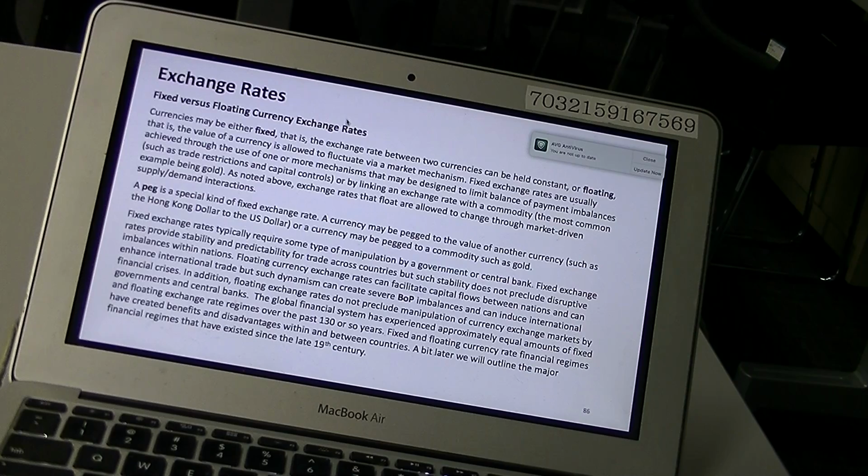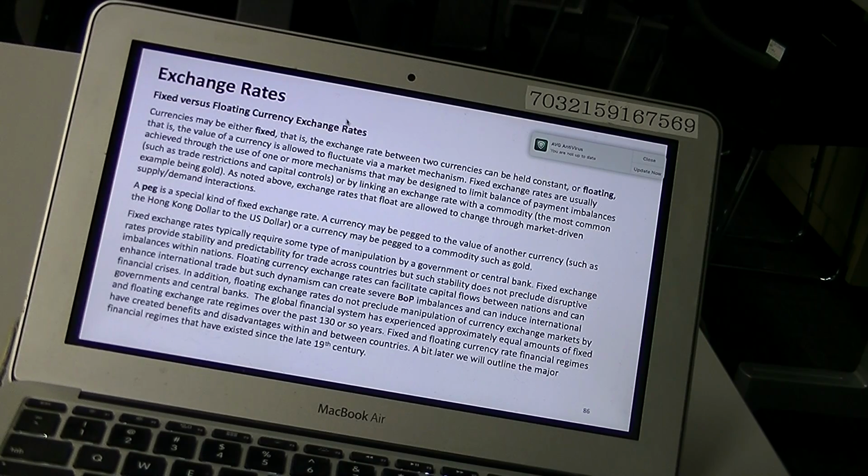The thing about a fixed exchange rate, what people like, is that there's predictability. If I know that the exchange rate is going to be the same, then it's easy for me to make a contract. If I know that between two countries, say the dollar and the yen are fixed, then I don't worry about a change in the value of the two currencies.